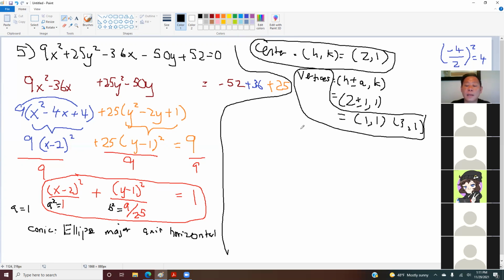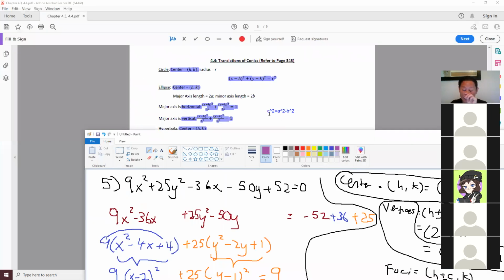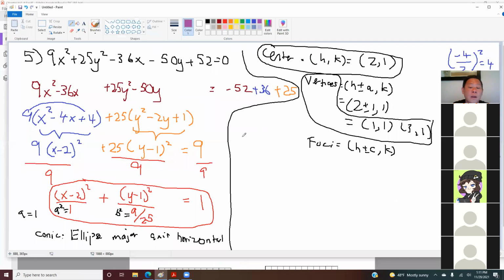Next, we need to find the foci. For foci, we don't use A or B, we use C. So how do you figure out C? We use the formula. For an ellipse, to find C, C squared equals A squared minus B squared.